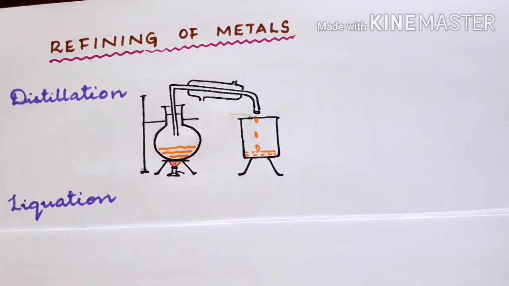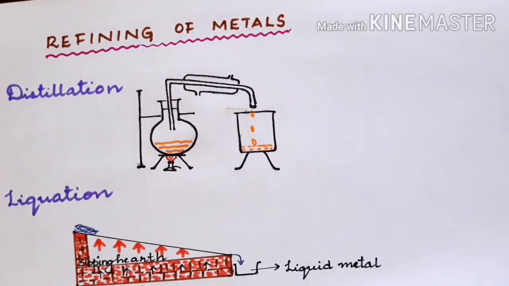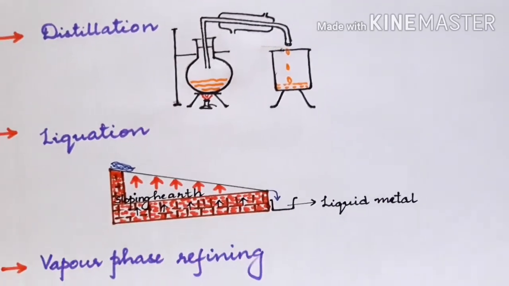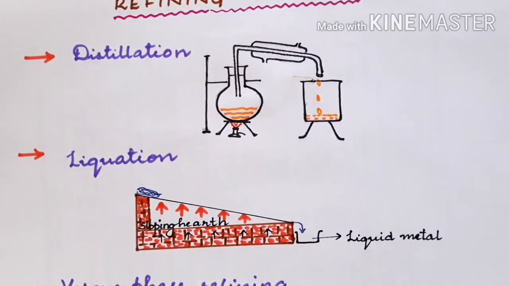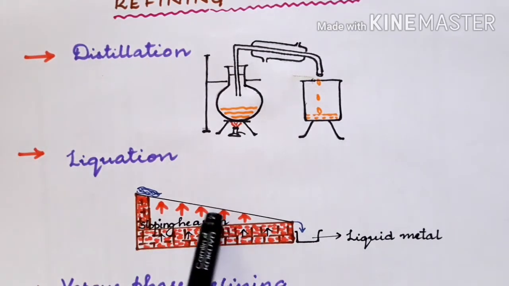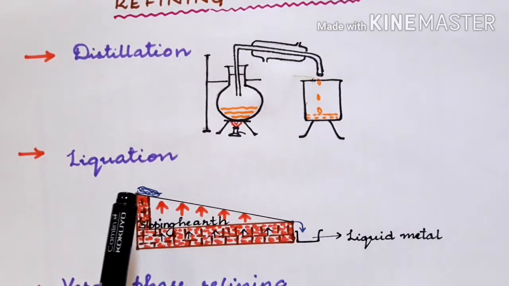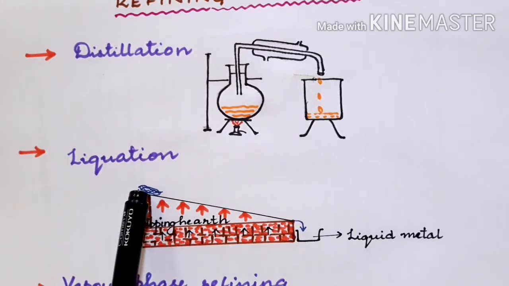Here, the impure metal or the crude metal is kept on a sloping hearth. What do you understand by sloping hearth? Sloping hearth is a furnace which has a slope. All over that, we place the metal to be purified.